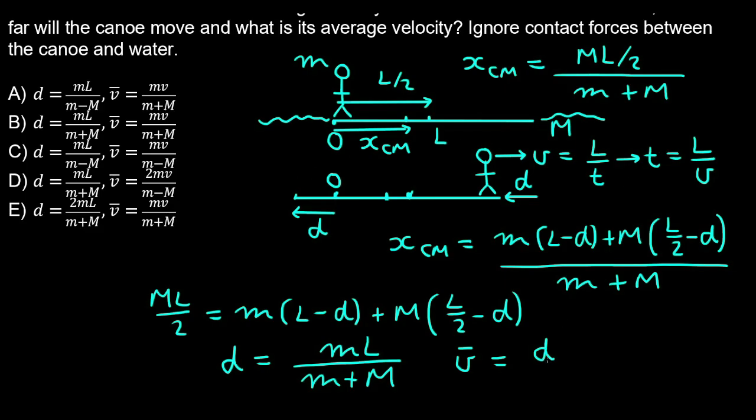So we have d on t or dv on L. So we get mLv on L or mv on m plus m, which is the average velocity of the canoe. And therefore the correct answer is B.